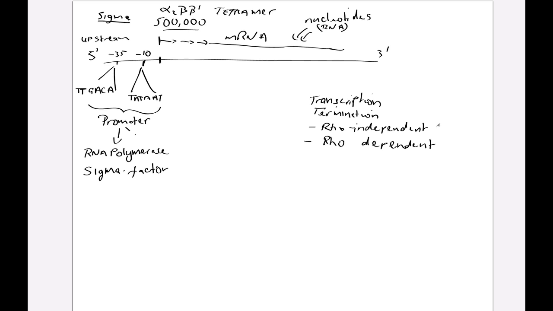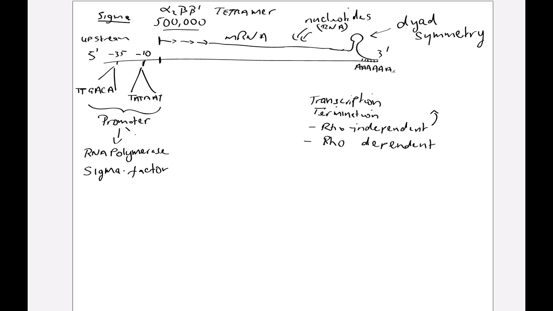So for rho independent termination, we'll take that first. You've got, first of all, a sequence in the DNA that when it is transcribed into RNA, it forms this stem and loop structure. It's what we call having dyad symmetry. And afterwards, there's a run of nucleotides that are all A nucleotides.